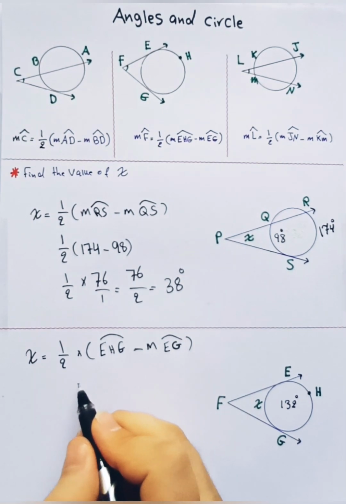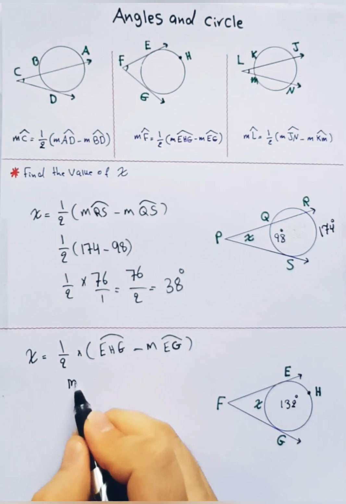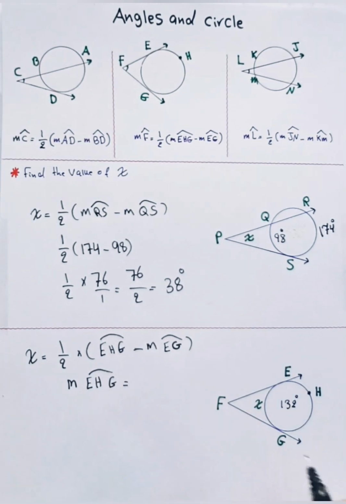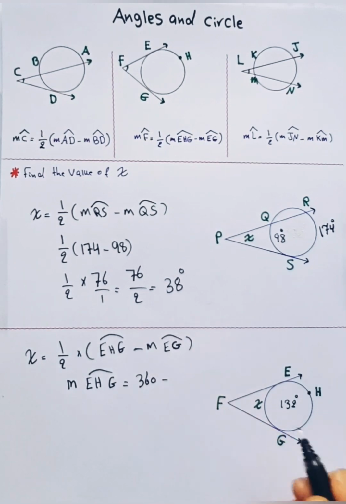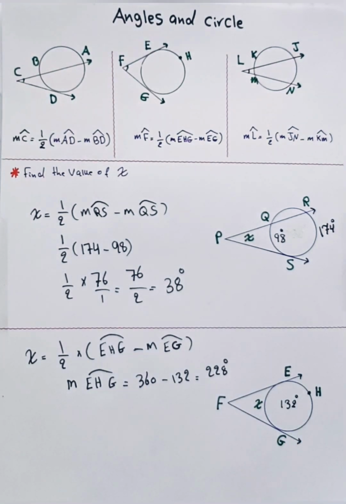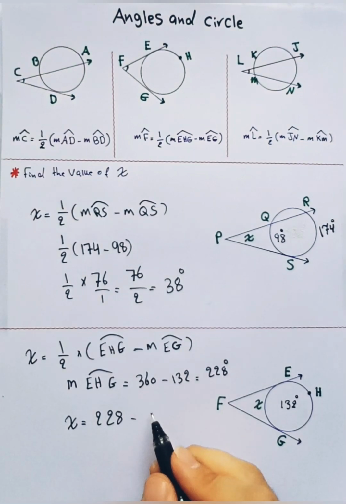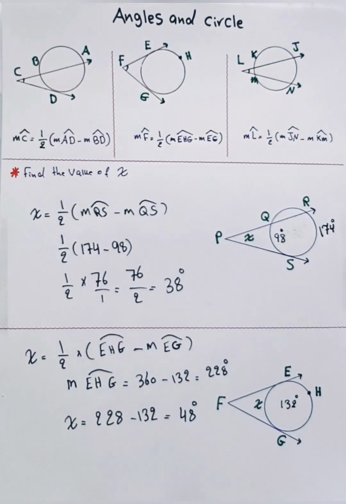So the measure of EAG is equal to 360 minus 132, so equal to 228. We have to use 228 instead of the measure of arc EAG. So x equal to 228 minus 132 equal to 48. So the measure of x is equal to 48.